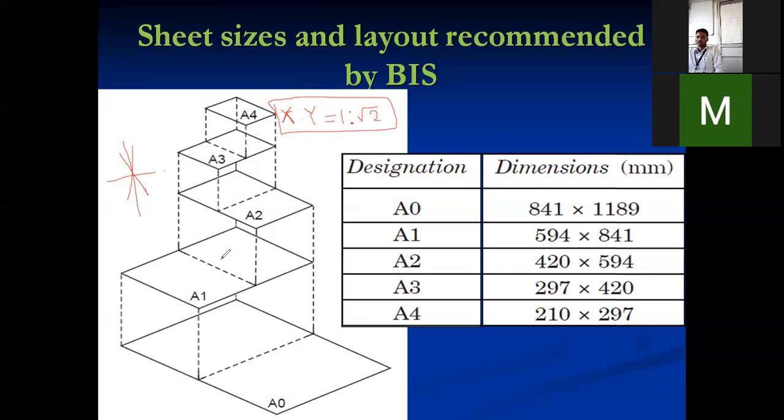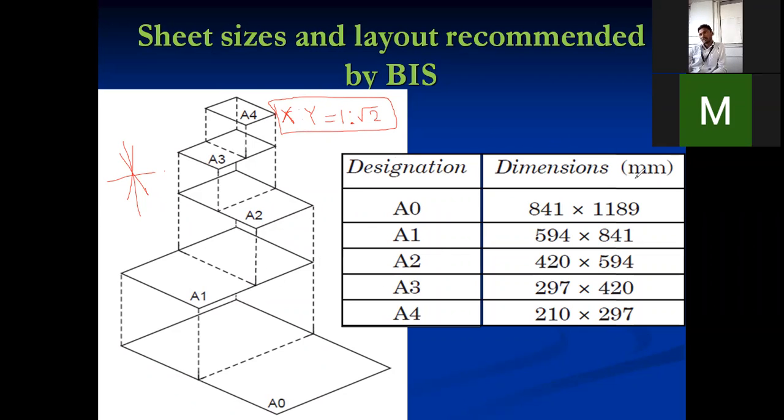But it is not necessary to remember this diagram. Nobody will ask you to draw it. It is just for information, to understand how the different drawing sheet sizes are made. It is not a part of the syllabus.